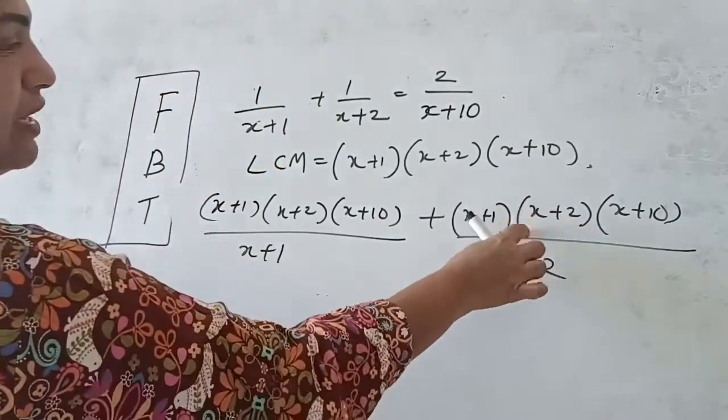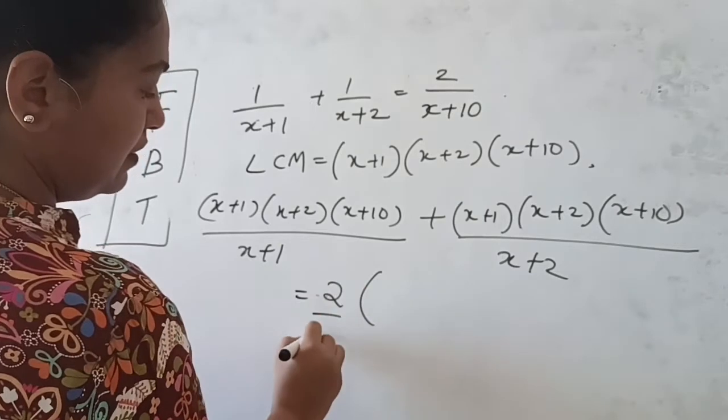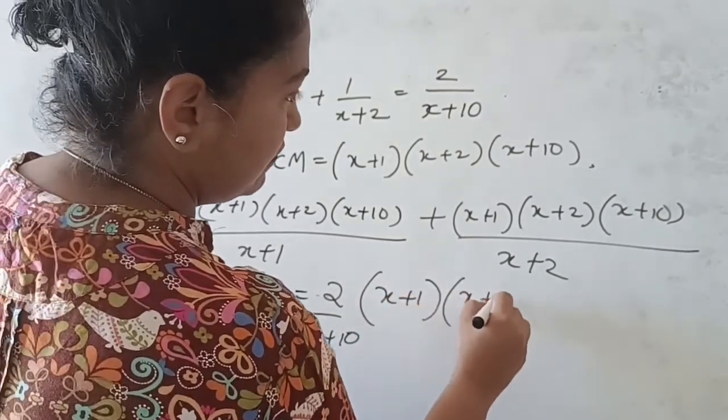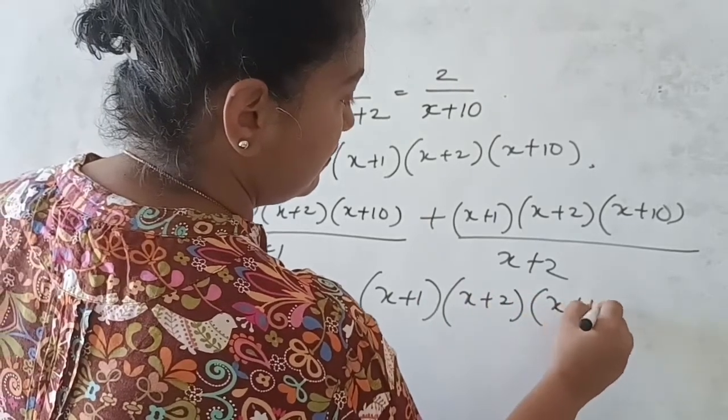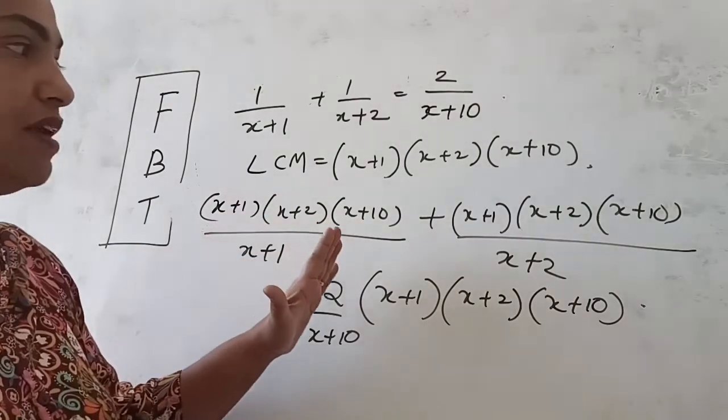I have multiplied LCM with the second term, and I am going to multiply even the RHS with my LCM. Okay. Now multiplication with LCM is over.